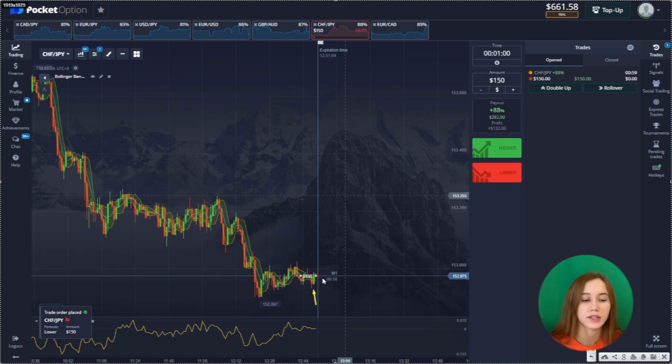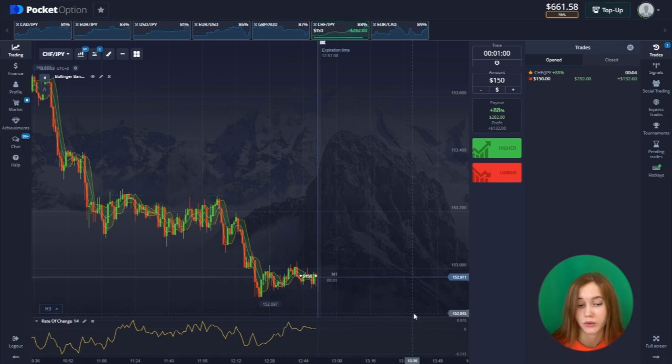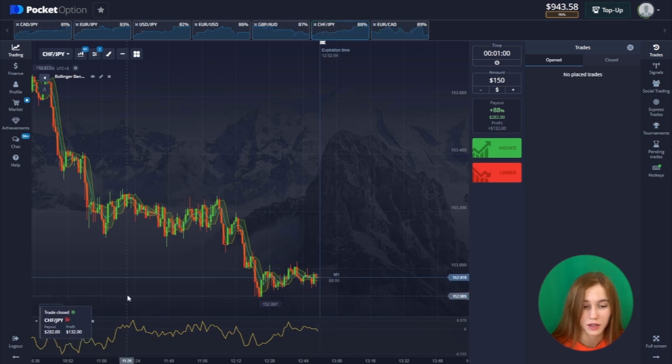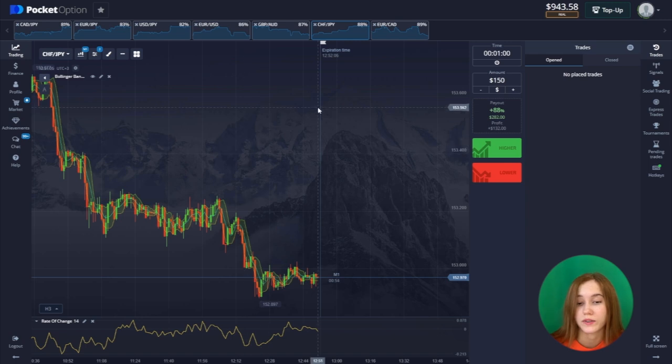By Bollinger we see 3 lines in an uncertain position. No trend in the market at the moment. Flat, maybe. The rate of change indicator shows us the same thing. Trend consolidation is slightly moving towards the upper position, but this consolidation has no trend, I think. 3 seconds left until the end, and plus deal, profit is $132.